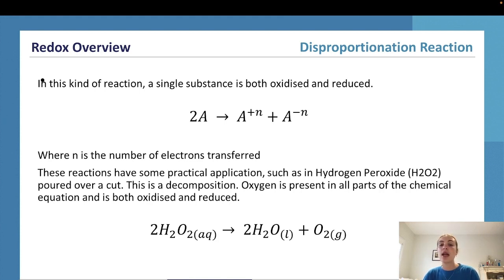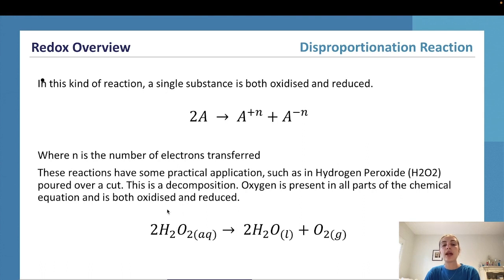This is why you keep hydrogen peroxide in a dark bottle, because otherwise it will just spontaneously decompose under the presence of light. So we've got 2 hydrogen peroxide, or 2H2O2, makes 2H2O, 2 water, plus oxygen gas, or O2.